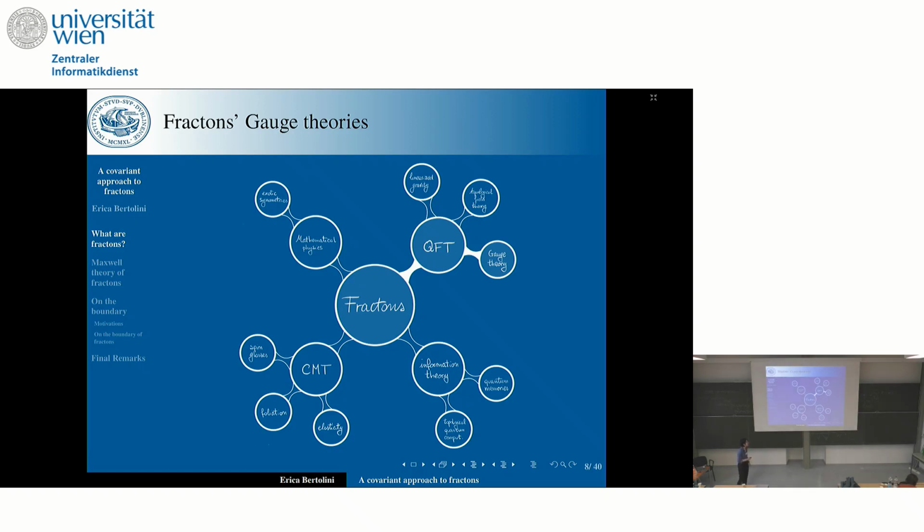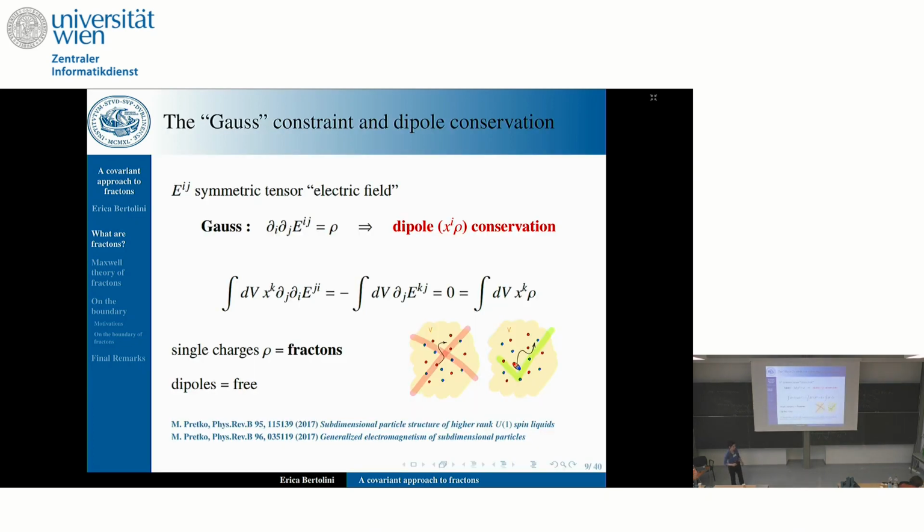Now I will get more into my field, so in the gauge theory context, talking about what a fracton model is, for instance, Pretko's theories. And here we're talking about a theory which is more Maxwell-like, and in that case, the limited mobility is implemented through a Gauss-like constraint where the electric tensor field is a symmetric field, and so with two derivatives, this equation implies a dipole conservation through an integration over an infinite volume.